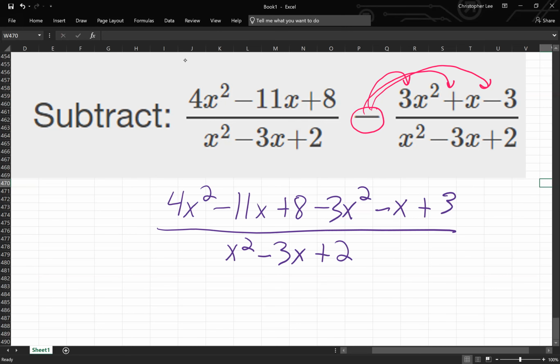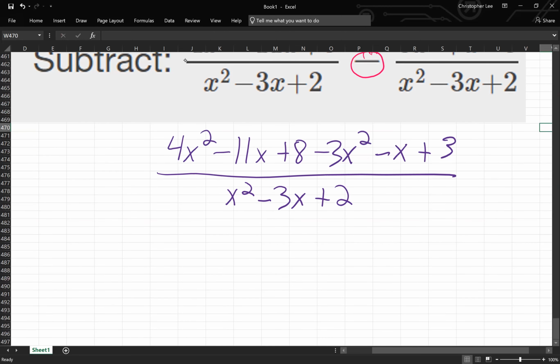Right after that, I just want to combine like terms. So I have a 4x squared plus a negative 3x squared. That's going to give me a 1x squared. Cross them out because I'm done with that. I have a negative 11x minus x, which is what? Negative 12x. I'll cross that out because I'm done with that.